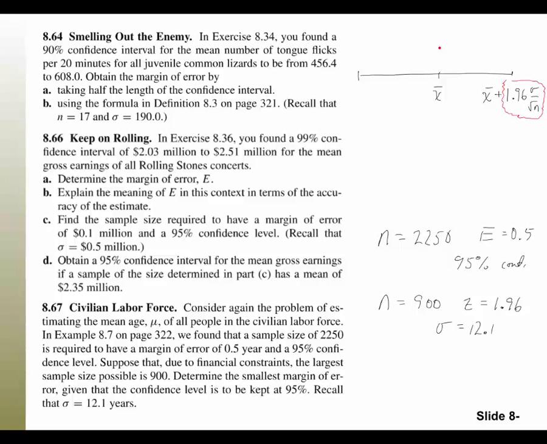So that distance from here to here is what we're adding to x bar. That E is what we add to x bar, the number of standard deviations times the standard deviation. So do we have everything we need? We got 1.96. We got sigma. So you're going to do 1.96 times 12.1 over square root of 900.